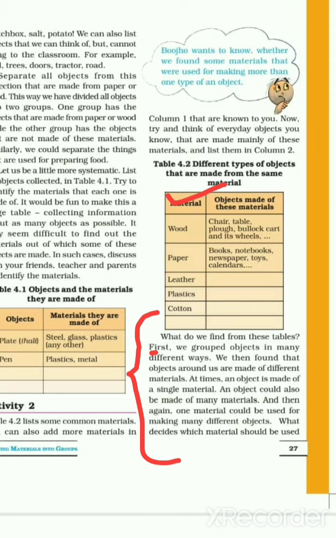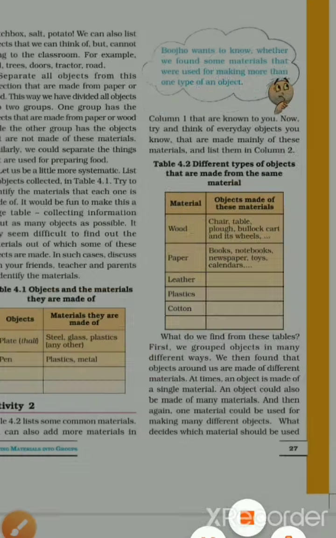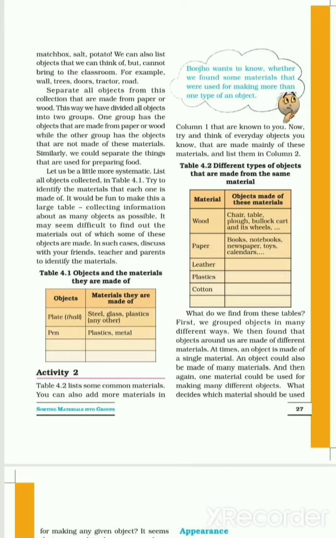Let's recall, with the help of shape, edible items, color, and so on. So with different materials or different ways we distributed the items in groups. Then we found that objects around us are made of different materials.